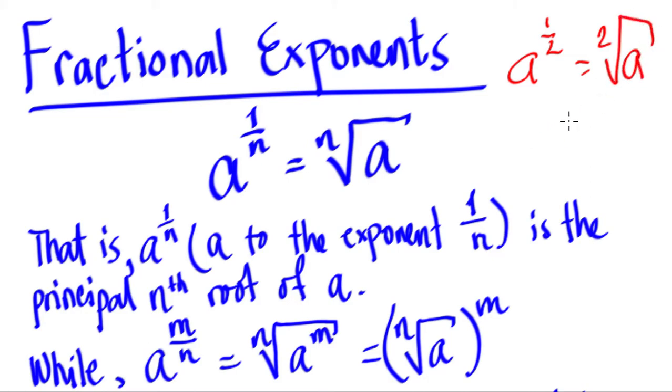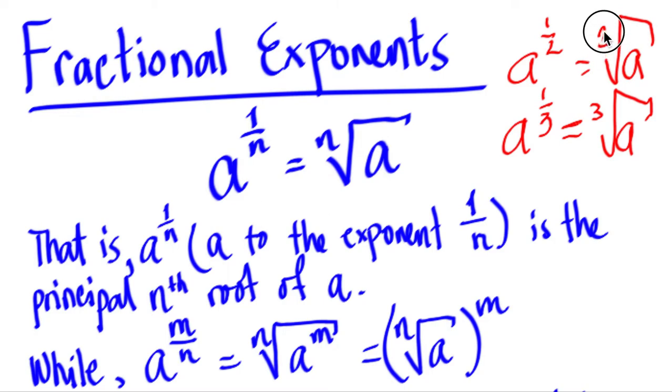If we have a raised to 1/3, what we're going to have is the cube root of a. Anyway, the square root of a, we can write it even without the index 2. When you say square root of 2, it's just the same as writing it with the index, that is still the square root of 2.